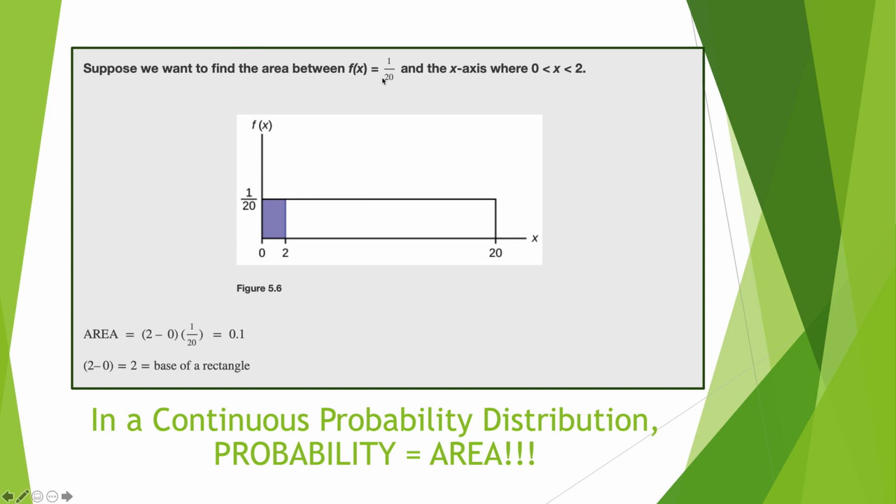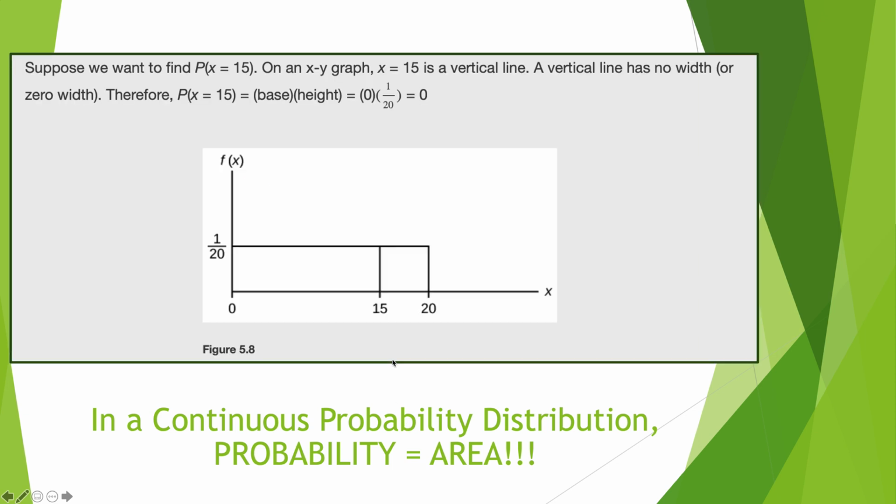So the probability that any result will be between 0 and 2 is 0.1. Notice that the height is the probability. It's 1/20th.